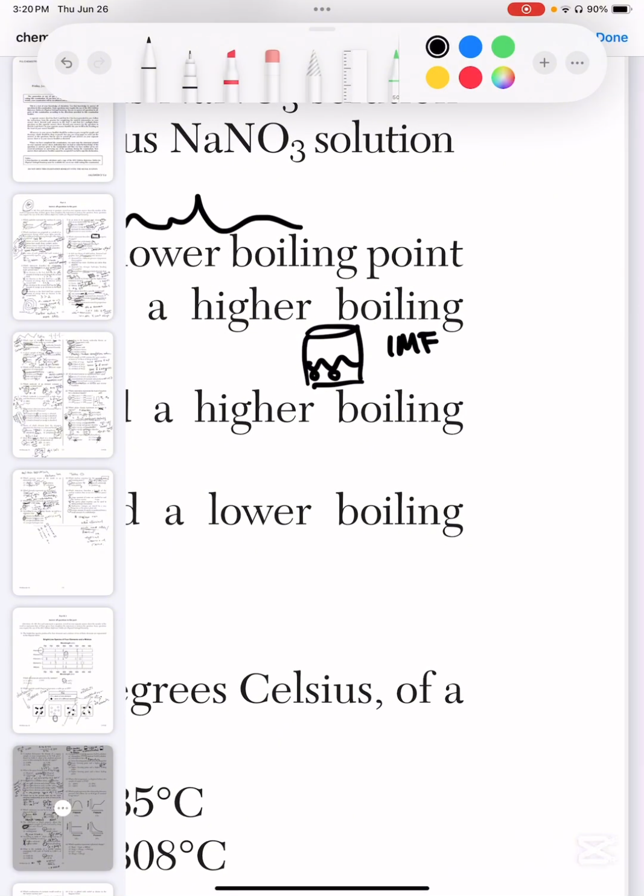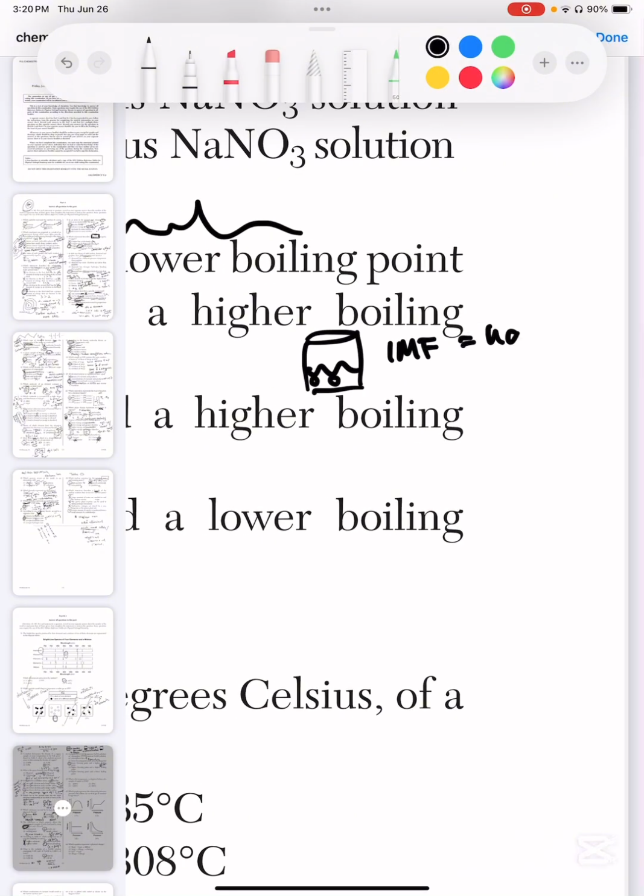Strong intermolecular forces make it harder for water to boil because the water particles require more energy to overcome the phase barrier with the additional intermolecular forces between the ions and the water molecules. So, that's that.